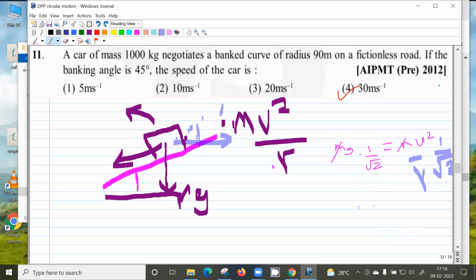Okay. So keep centrifugal force as it is, and then you take the g. Then you have to take the normal reaction, no? Normal reaction is there. So to avoid the normal reaction, you have to take the component along the plane. Otherwise the normal reaction component will come.